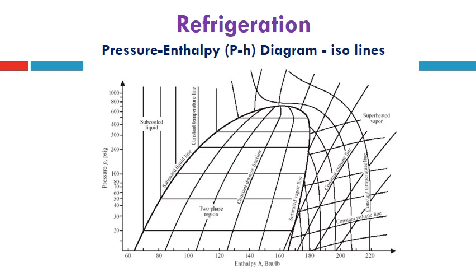This slide shows the pH diagram, with the saturation liquid line on the left-hand side and the saturated vapor line on the right-hand side. Their intersection point is the critical point at the top of the saturation line. This graph has two axes.